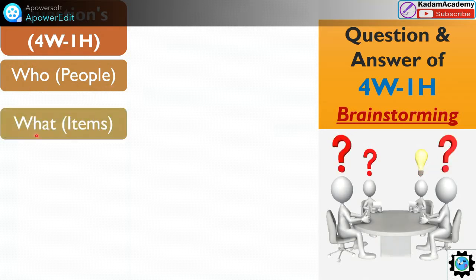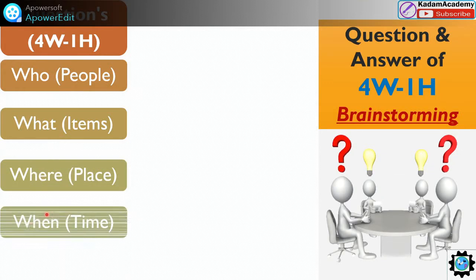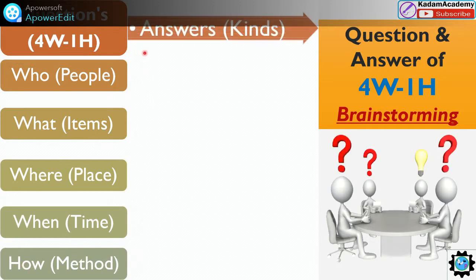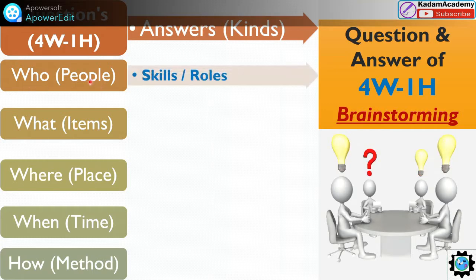Who are working, what, where, when, how? This is the 4W 1H. What kind of answers do we have to expect from these questions? Who means people with their skills and roles involved in the problem.